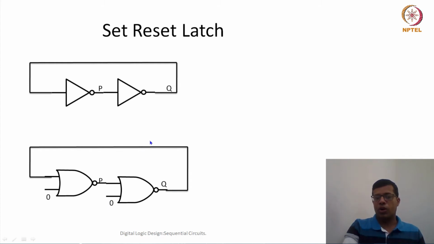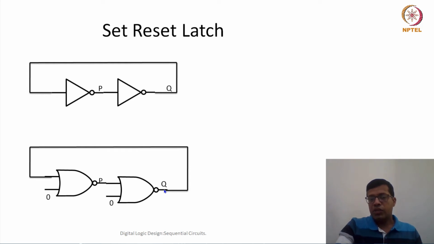Otherwise, whatever analysis we do here is equally valid for NAND based design also. As we said before, if the other input is connected to 0, it's effectively the storage element: whatever q is, it will always remain the same value and is not going to be changed.